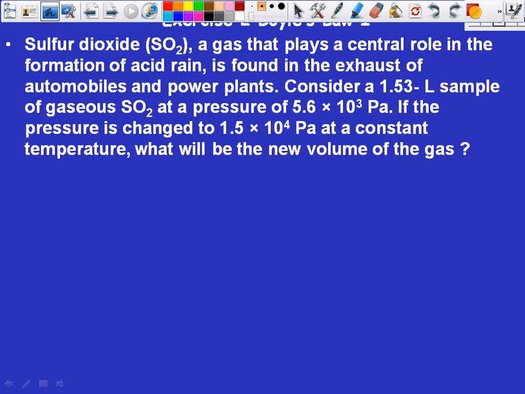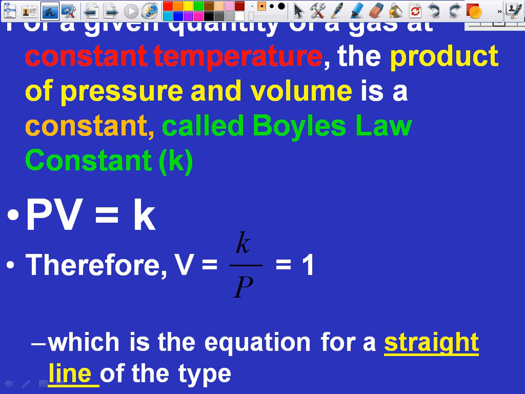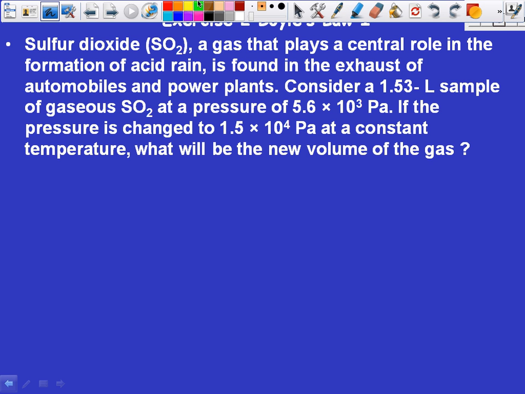Okay. All right, so here's one of our first problems. Sulfur dioxide, a gas that plays a central role in the formation of acid rain, is found in the exhaust of automobiles and power plants. Okay, interesting. Consider a 1.53 liter sample. What that just told me is that it is a volume.